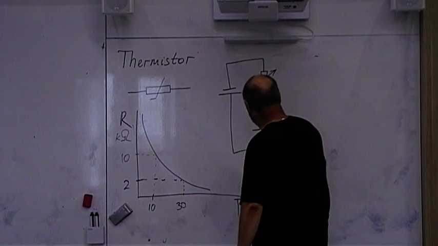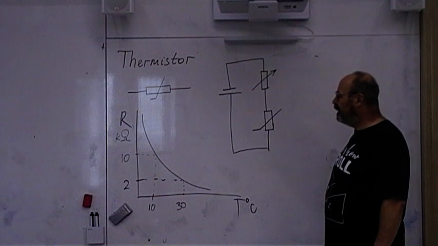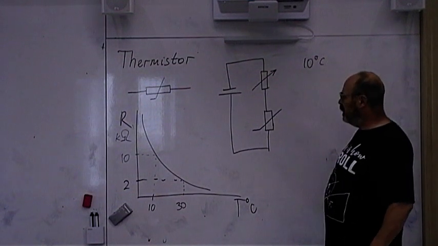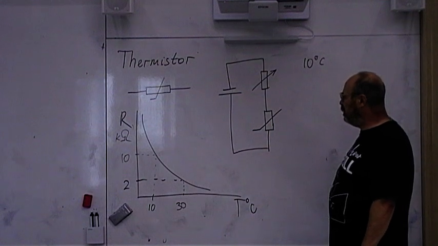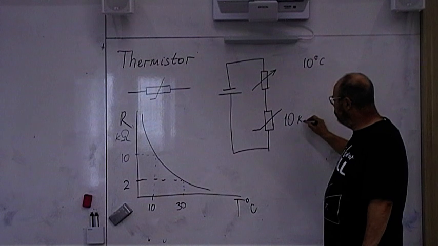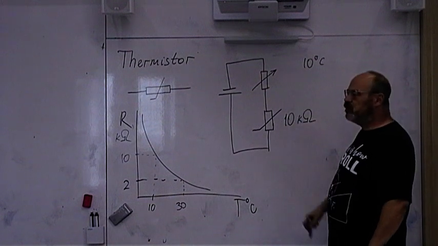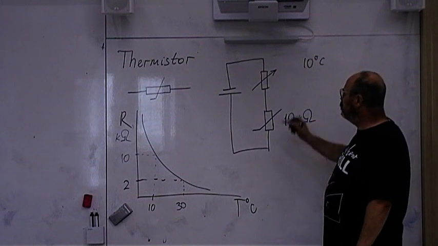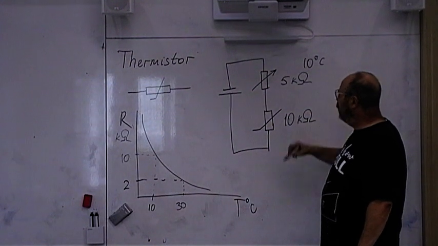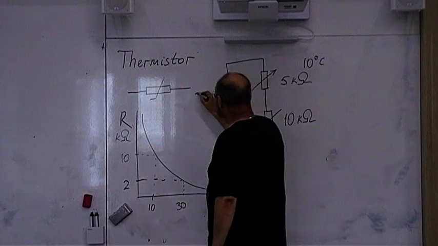Let's say at temperature 10 degrees Celsius, resistance of the thermistor is 10 kilo ohm. And the variable resistor we set at 5 kilo ohm, and the power supply is 30 volts.